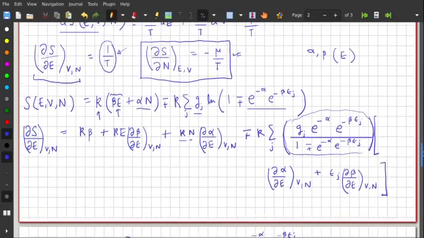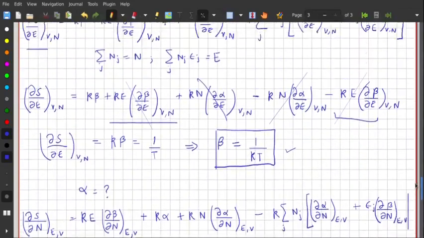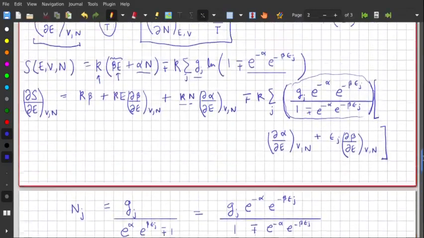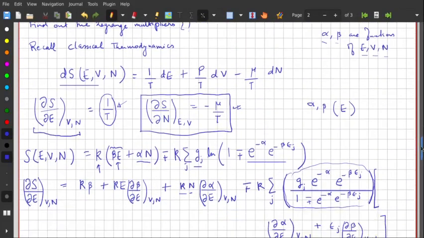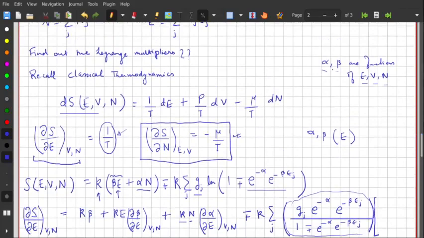One key thing we need to realize here is that the Lagrange multipliers alpha and beta are functions of E, V, and N. Hence when we are doing the partial derivatives, we need to differentiate alpha and beta with respect to the individual variables.